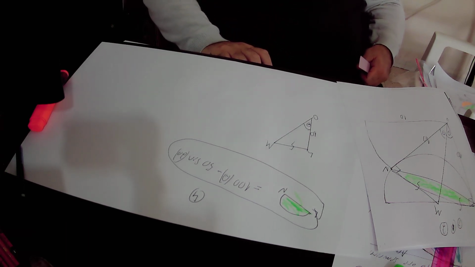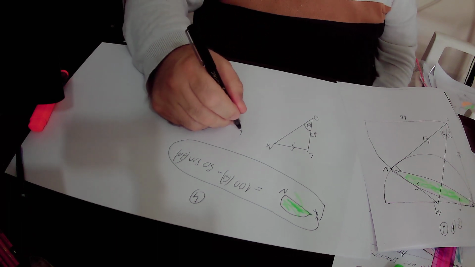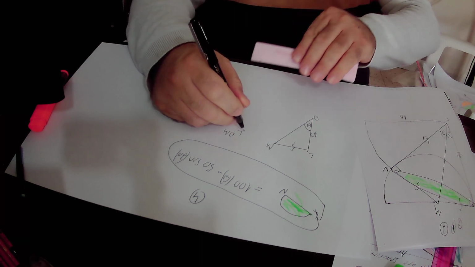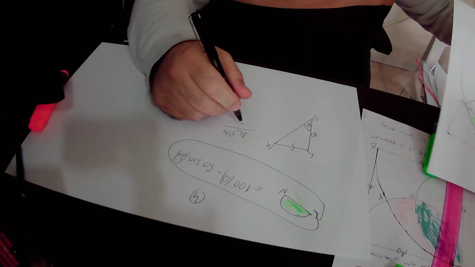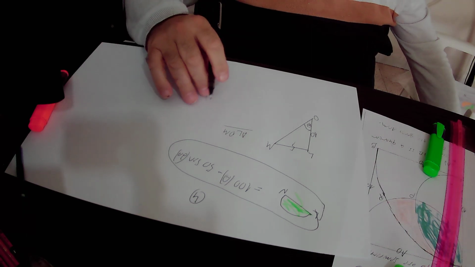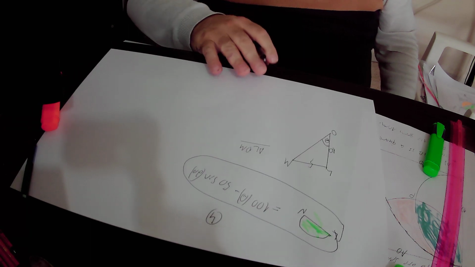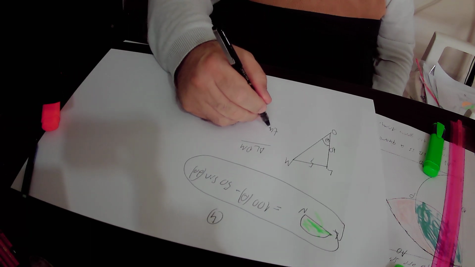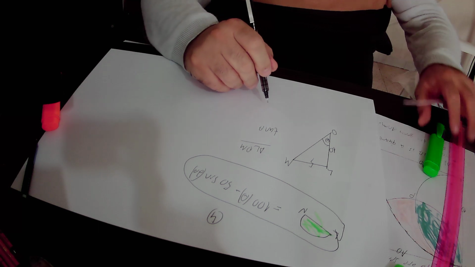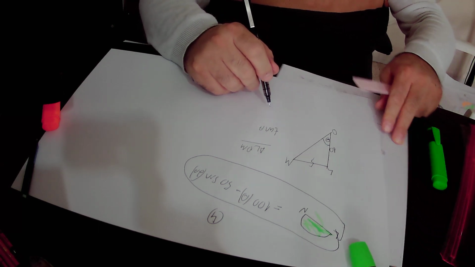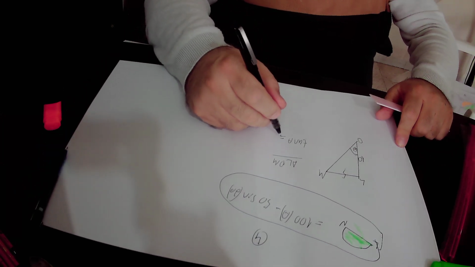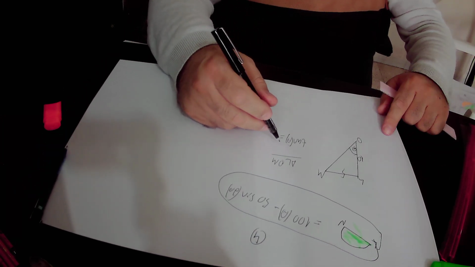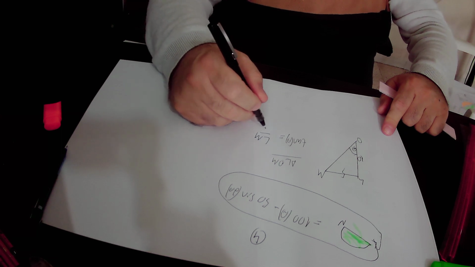So here, in the right triangle, triangle LOM, tangent theta equals to LM over LO.